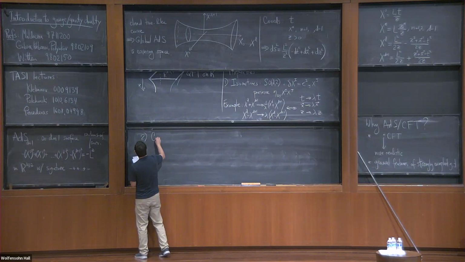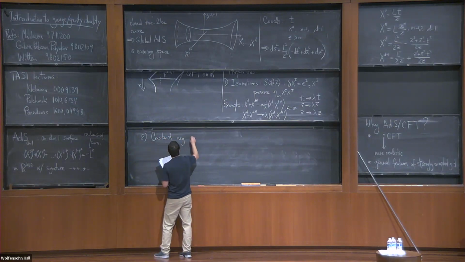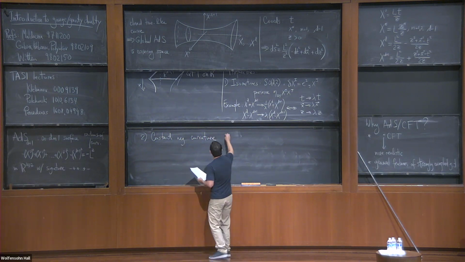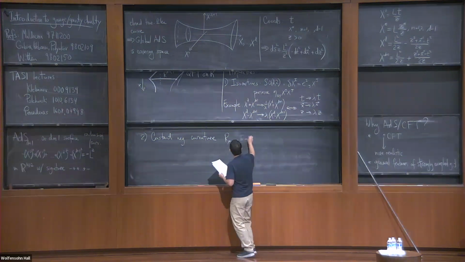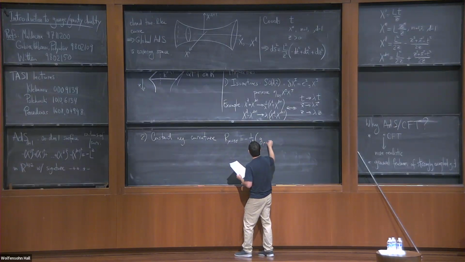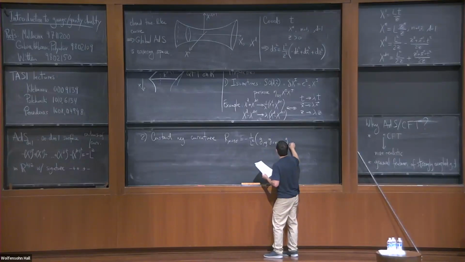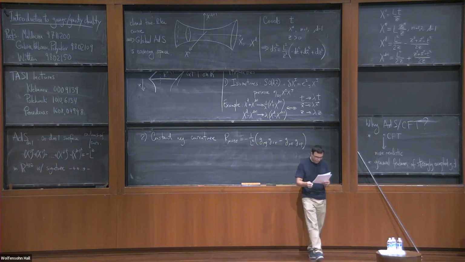So constant negative curvature. The Riemann tensor is -1 over L squared times (g_{mu rho} g_{nu sigma} minus g_{mu sigma} g_{nu rho}). For a sphere, the same formula holds, but with a plus, and L would be the radius of curvature.